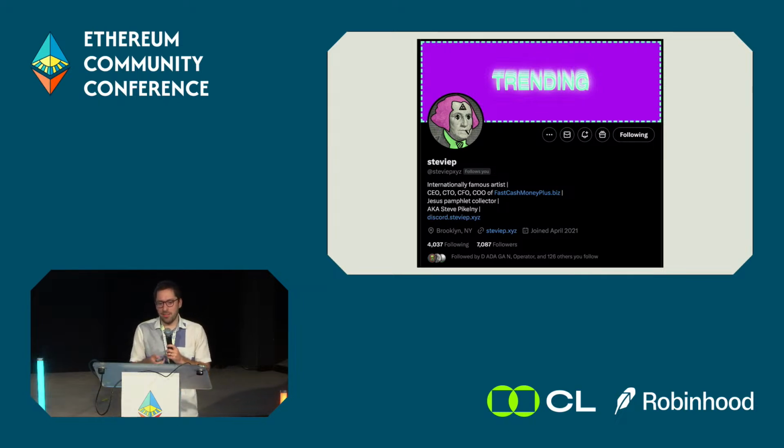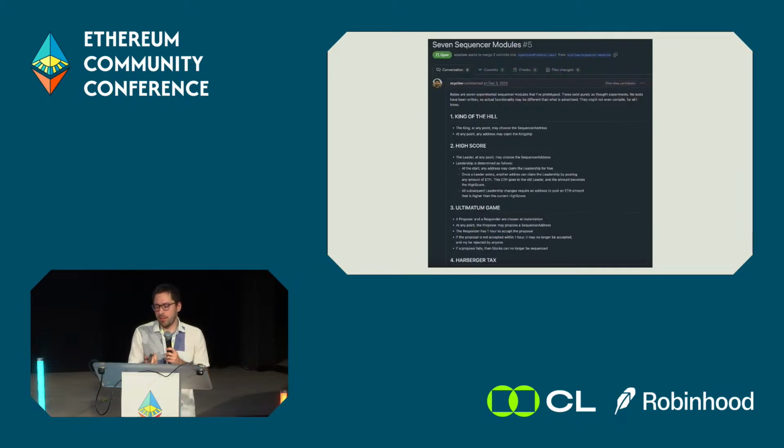He worked with us to develop some sequencing module ideas as part of a fellowship, and he came up with a list of 7 really cool ideas. They're all on GitHub. I can share the links later, and would encourage you to check them out.